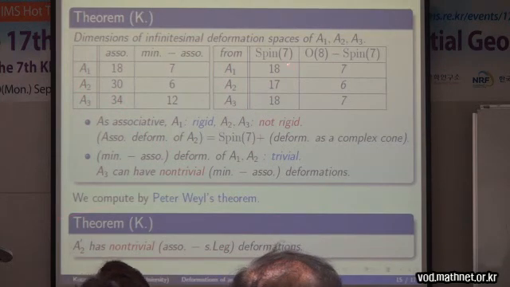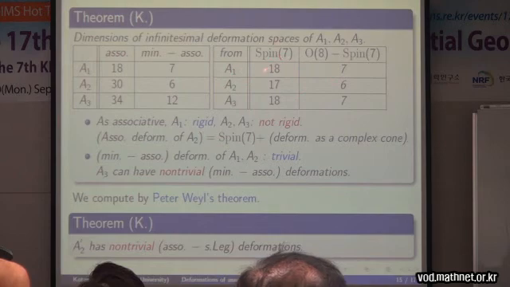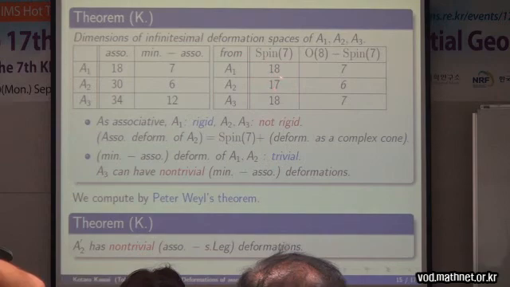First we count the dimension from this automorphism group Spin(7). A1 is T3 invariant, and Spin(7) is 21-dimensional, so the trivial deformation induced by the Spin(7) action is 18-dimensional.